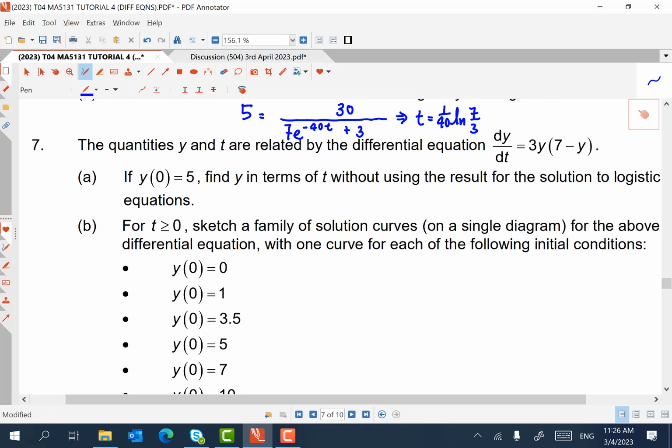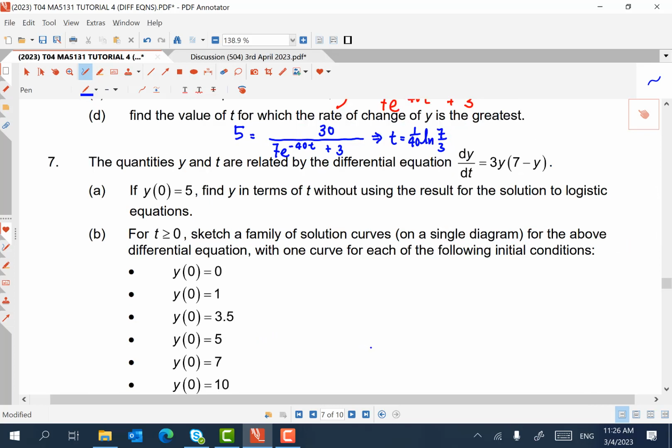Okay, number 7, 7A. How do you think it ought to be done? So you say what?